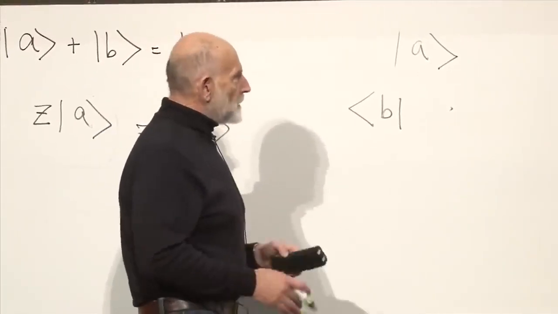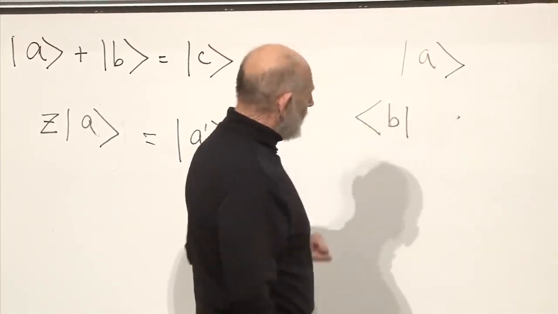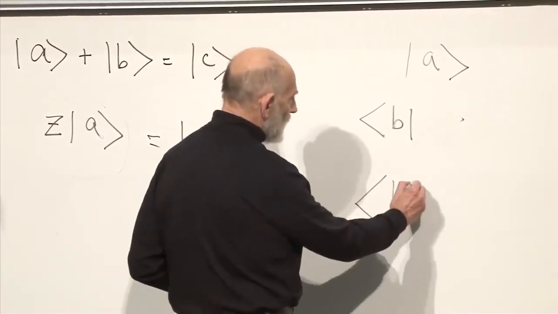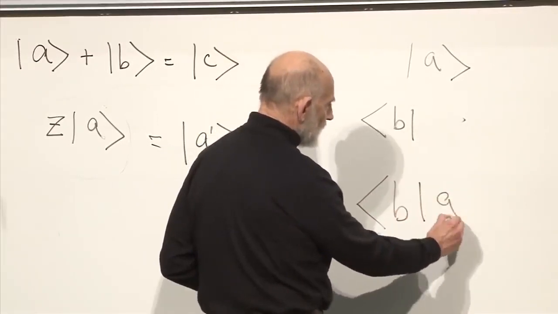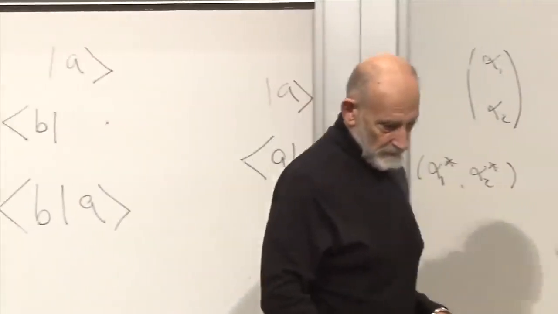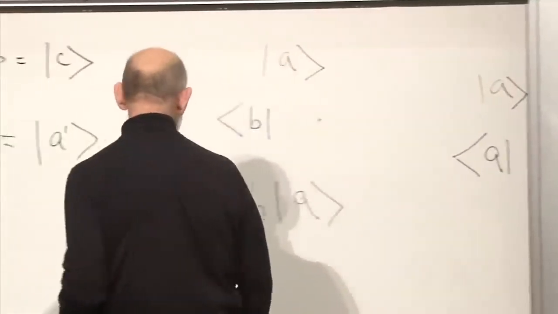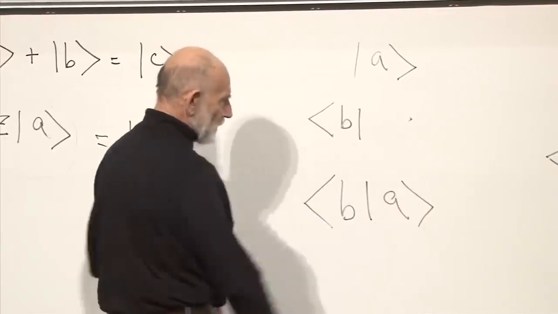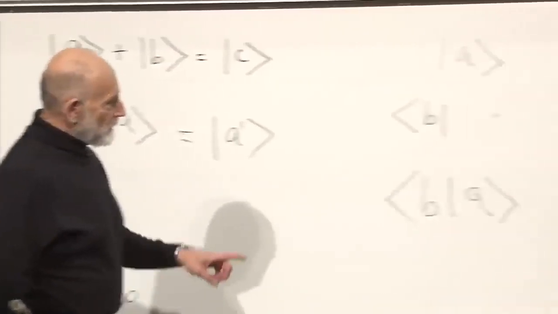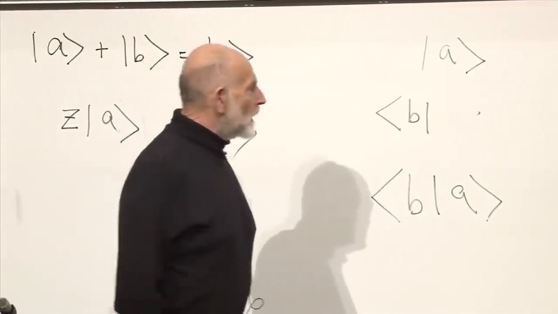In Dirac's language, you take a ket vector and you multiply it by a bra vector, and when you do so, you make a bra ket, or a bracket. The bracket, of course, is this thing over here, and the two together. I think this one is called the ket, and this one is called the bra. So it's a bra ket. Right.